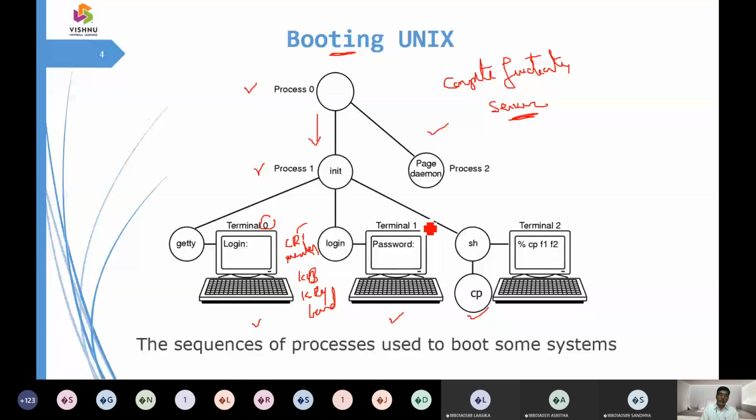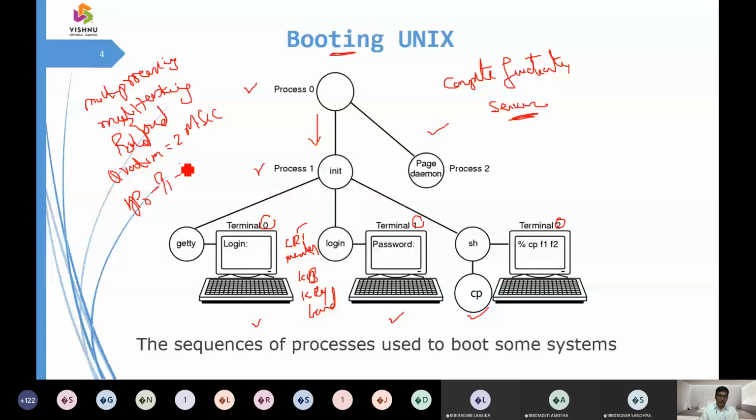One important thing you should distinguish here: it is not going to implement the concept of multiprocessing, it is going to implement multitasking here. In multitasking, it is going to maintain the round robin. In round robin, it is going to have a time quantum of 2 milliseconds. So process P0 to process P1 to process P2. It is going to move in this way here, and we can say it is centralized.